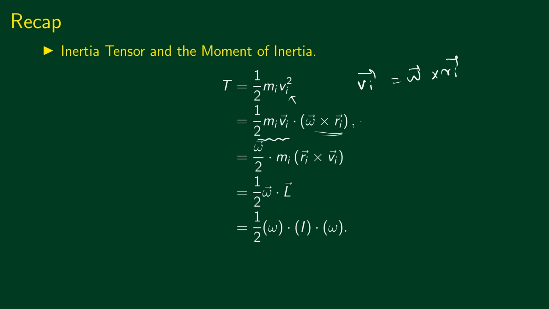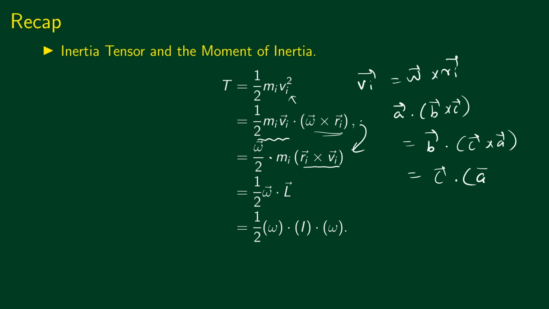Since this is a scalar triple product, we can write this as omega vector divided by 2 dot m_i r_i vector cross v_i vector, where we have used the property that A vector dot B vector cross C vector can also be written as B vector dot C vector cross A vector, or you could also write this as C vector dot A vector cross B vector.